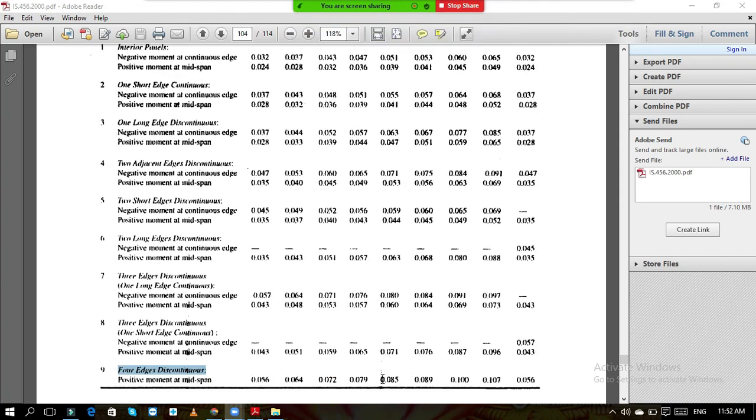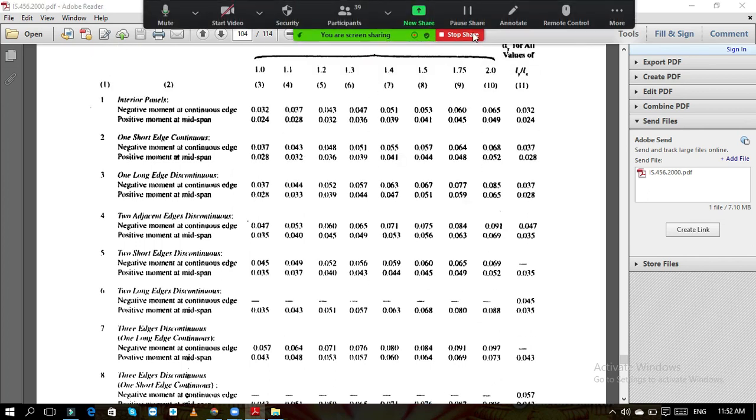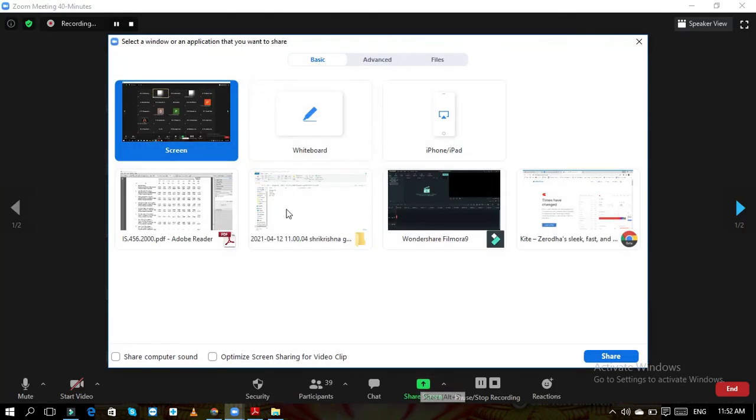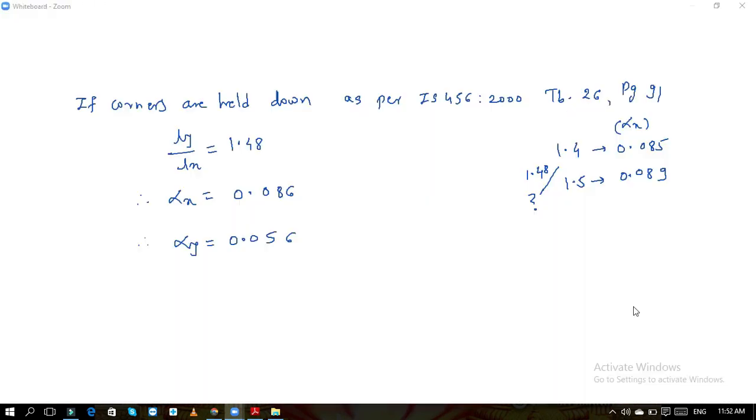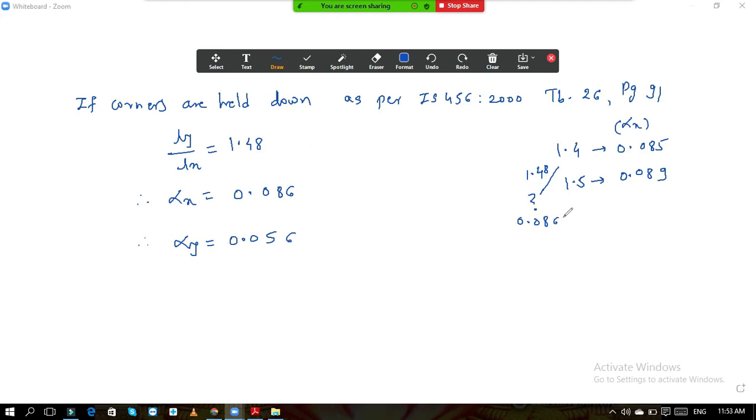For 1.4 it is 0.085 and for 1.5 it is 0.089. So you need to do the interpolation between these two values. After the interpolation, the answer is 0.086. This is the value of alpha x and alpha y.